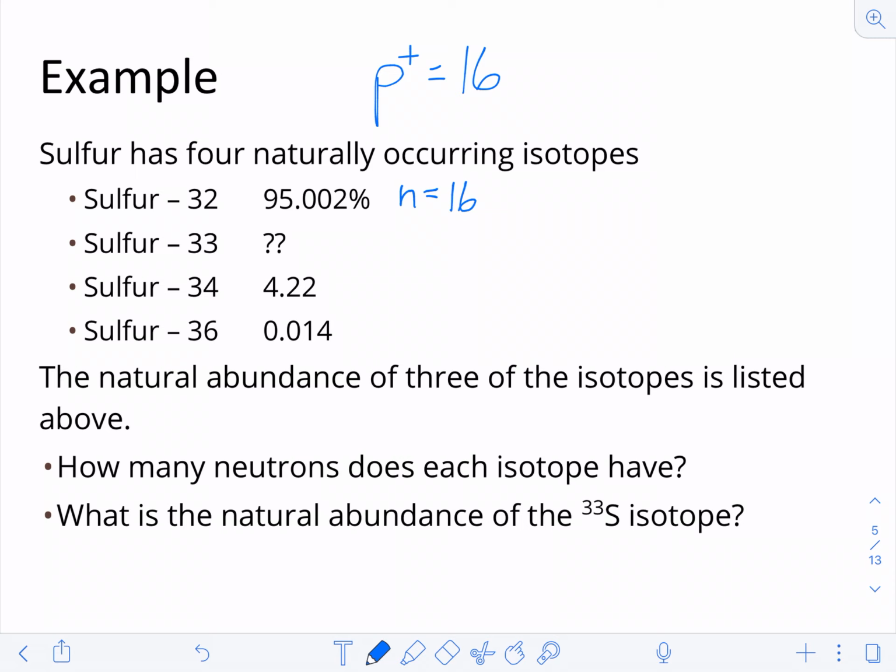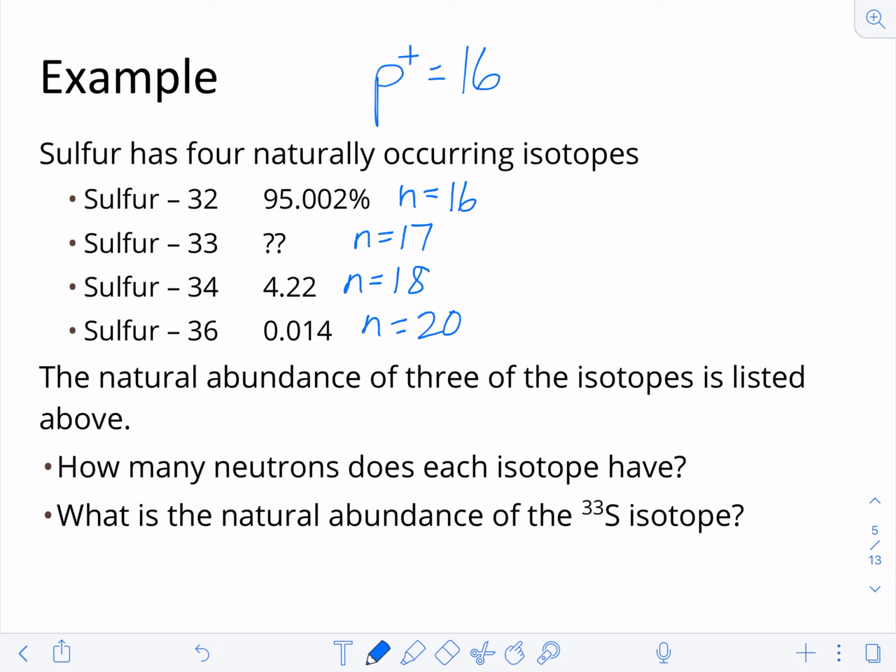For sulfur 33, looks like my number of neutrons is going to be 17. Sulfur 34, 34 minus 16, 18. And then the last one, sulfur 36, 36 minus 16, that's 20.